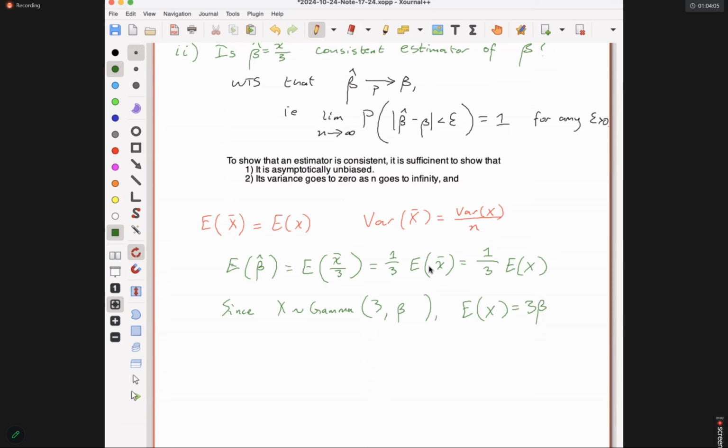Okay. And then what does that tell us about the expectation of beta hat? I mean, sorry, not beta squared, beta hat.